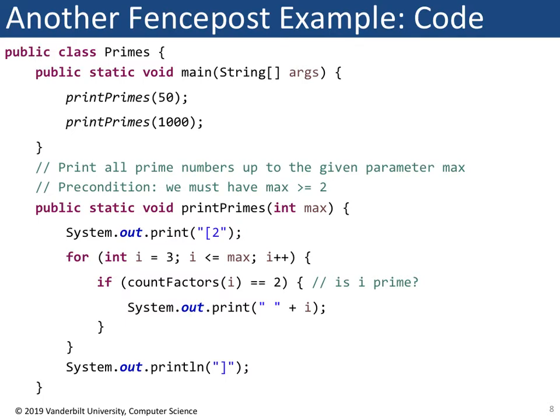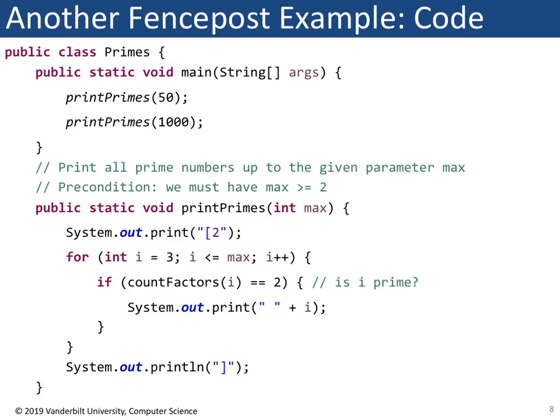Those are the numbers that when you say 4 mod 1, 4 mod 2, and 4 mod 4, they all return 0. So countFactors is going to return 3, which is not equal to 2. Therefore, we will not print out the number 4. Then we'll move to 5.